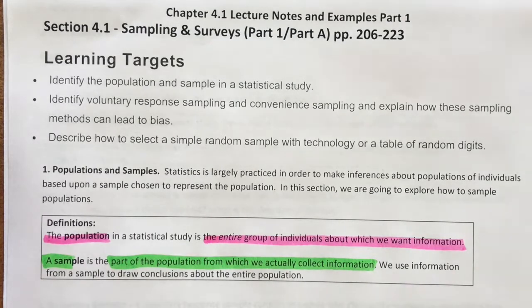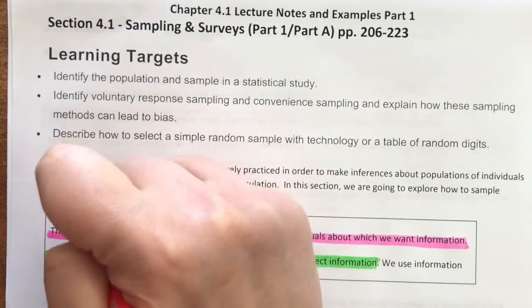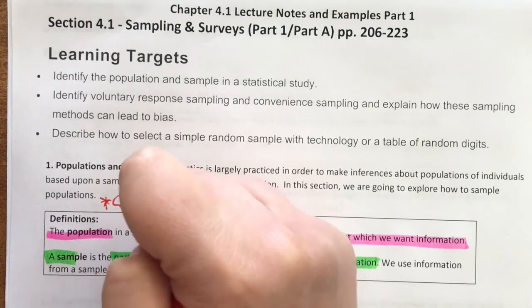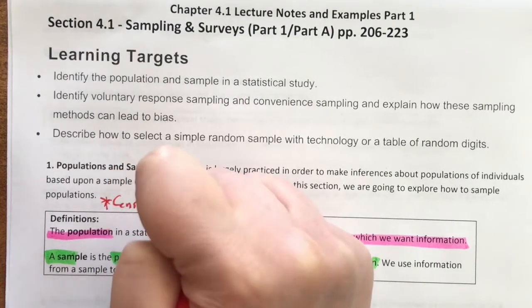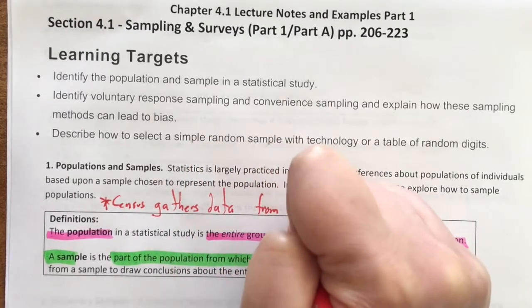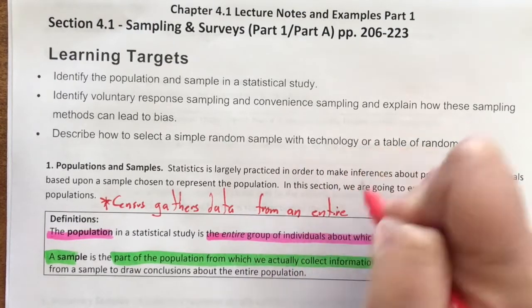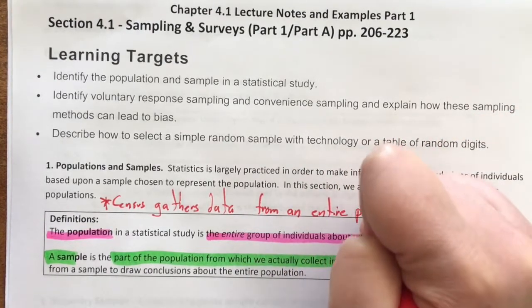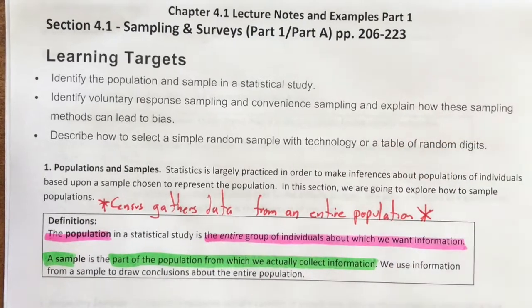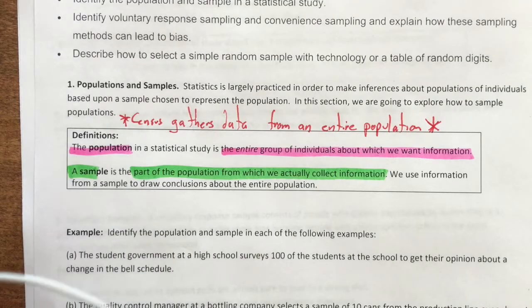The other thing that we do want to note is there is such a thing called a census, and a census gathers information and data from an entire population. Many times, though, to conduct a census takes a lot of work, time, and money. And there is a census that is conducted, but in order to gather information about a population, we are going to use samples. Okay.